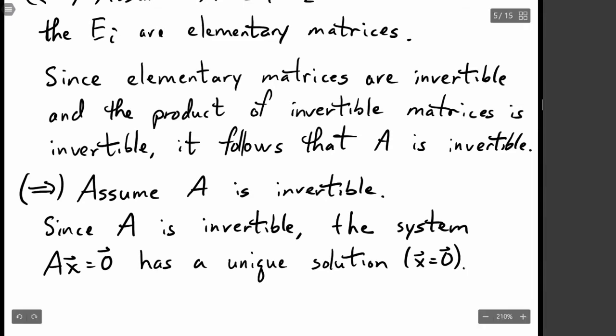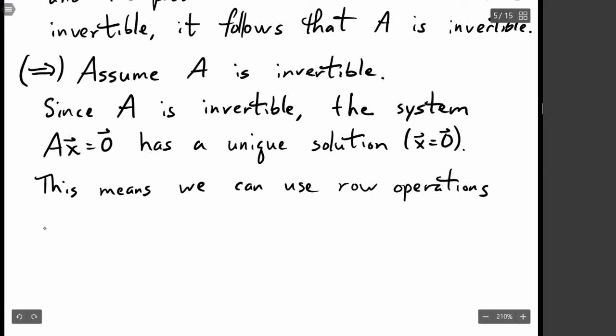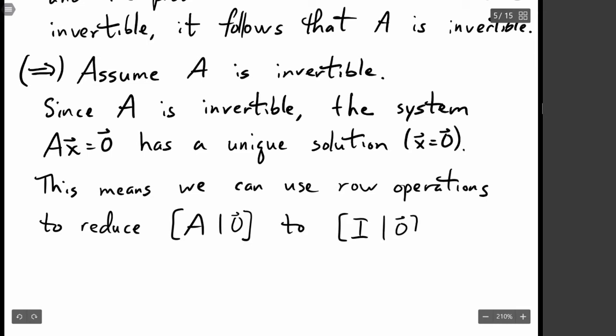Okay. So this means we can use row operations to reduce the augmented matrix A with the 0 vector over here to the identity with the 0 vector here.